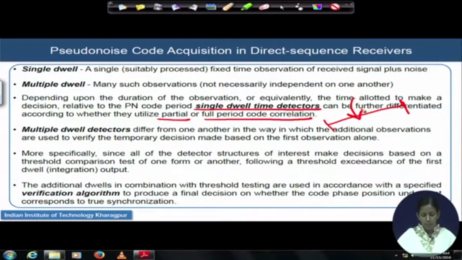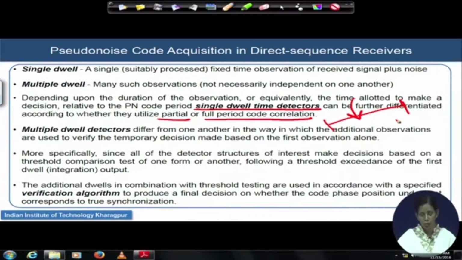And the detector structures make some decision whose interest may be weighted over the multiple dwell observations. As I told you, they are estimating the phase and trying to see whether that value crosses some threshold or not, and based on that the decision is locked, whether synchronization has been achieved or you have not synchronized.